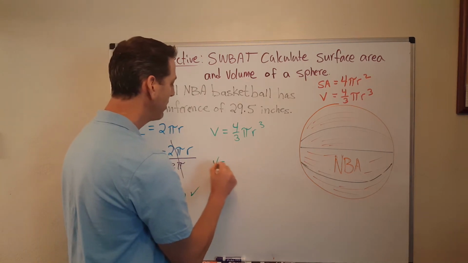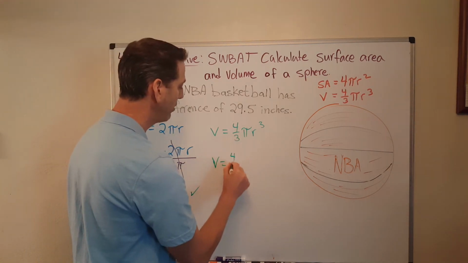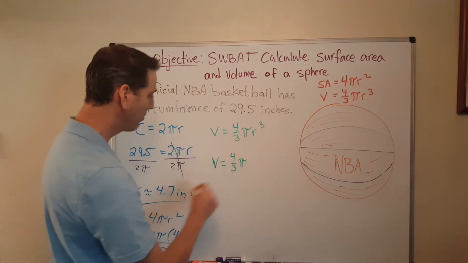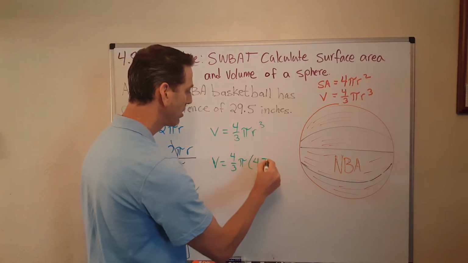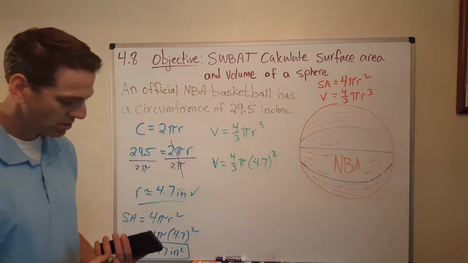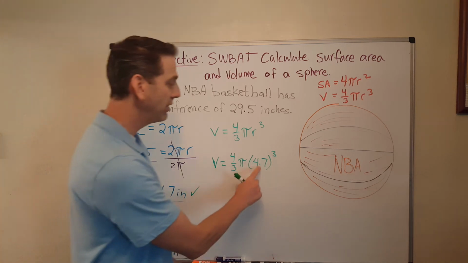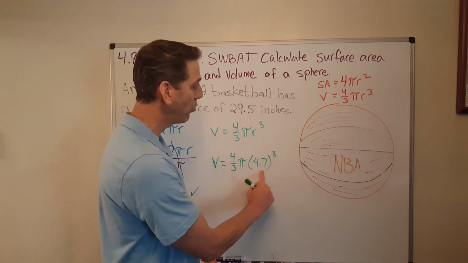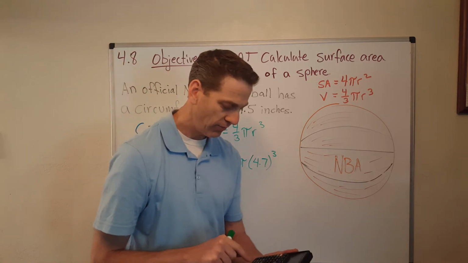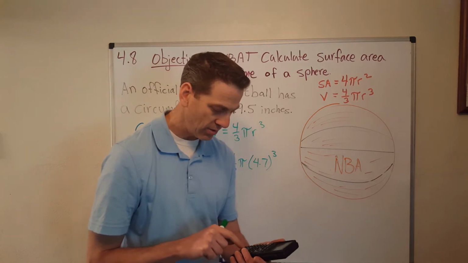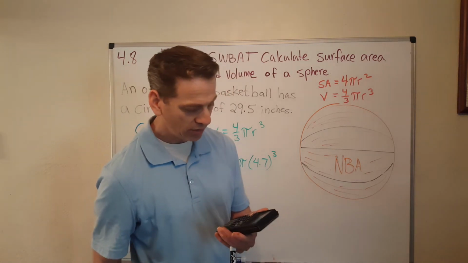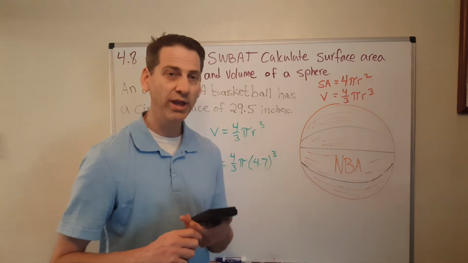So the volume is 4/3 pi times r, which is 4.7, to the third power. All right, so now we have to do these exponents first, right? This is 4.7 times 4.7 times 4.7. So 4.7 raised to the third power is about 103.8.